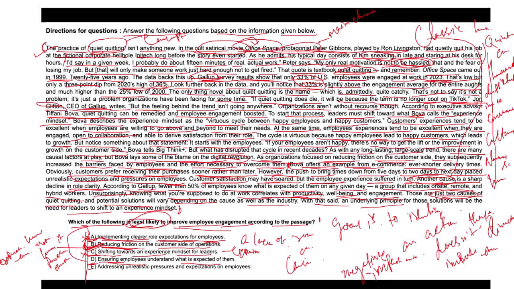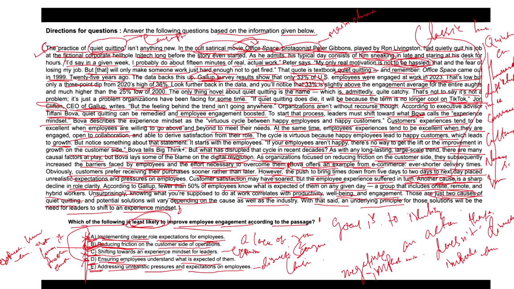Like option A, D is also eliminated. Now, the last option, addressing unrealistic pressures and expectations on employees. Again, this is directly suggested as a way of improving employee engagement.